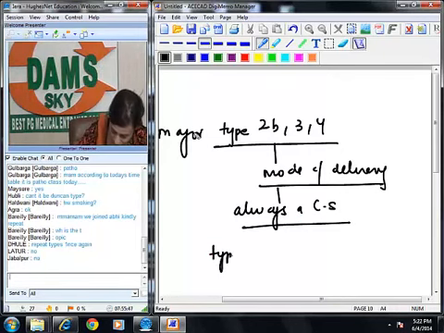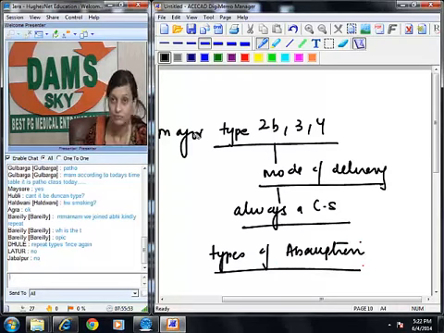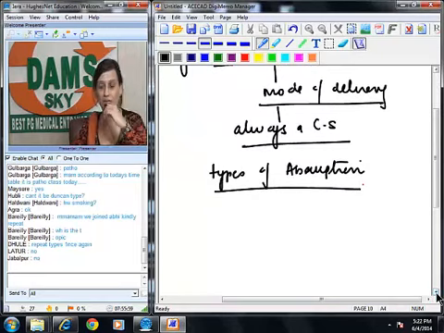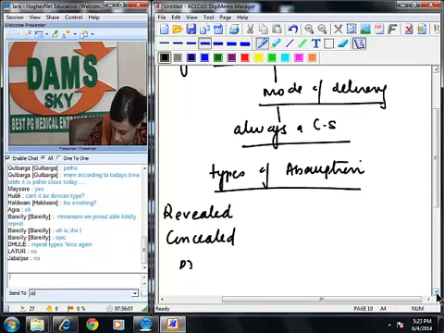Coming to types of abruption. The first type of classification of abruption is called revealed, concealed and mixed.